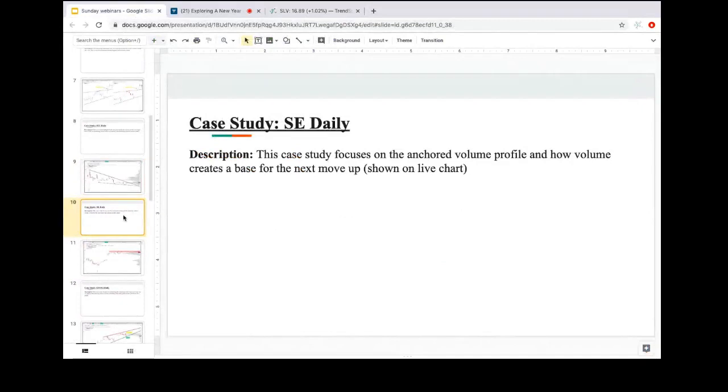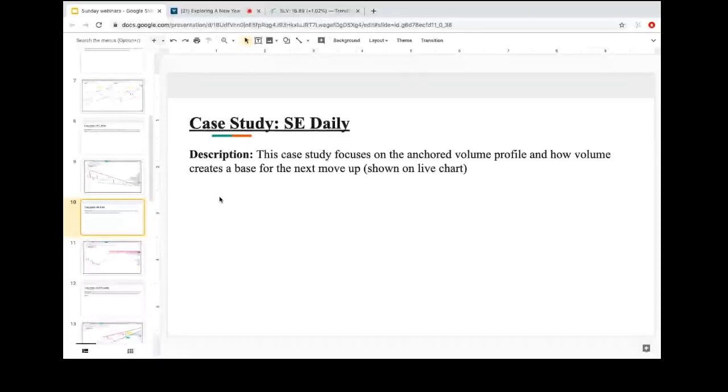So the next case study I have here is SE. SE is just a random stock. Most of the stocks that I look at, I really don't know what they even do, because at the end of the day, I'm really looking for the inefficiency between the price and volume, rather than what they're going to do in the future.